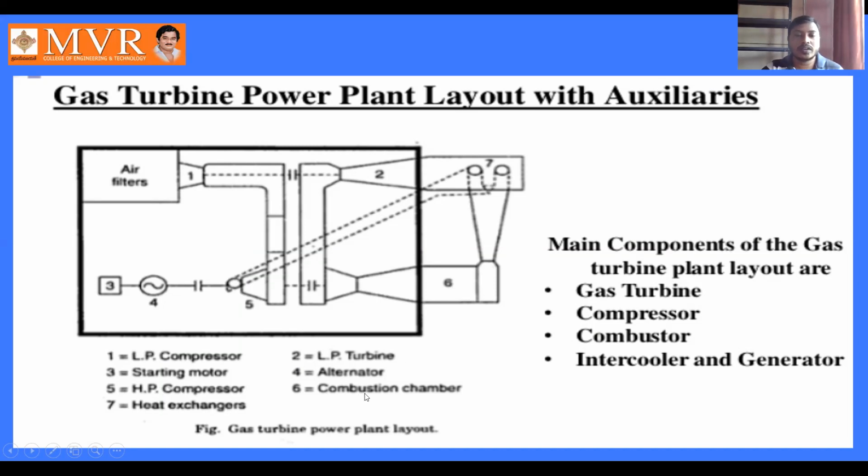This is the gas turbine power plant. The air from the atmosphere enters into the low pressure compressor. The air is filtered, meaning the sediments are removed, and after cleaning, the air enters into the low pressure compressor, where the air is compressed.